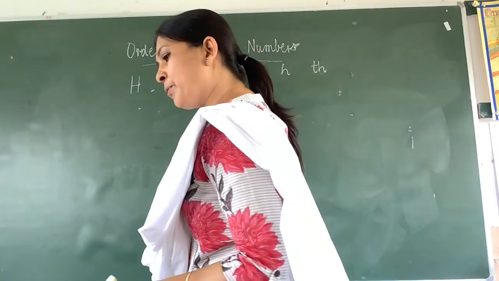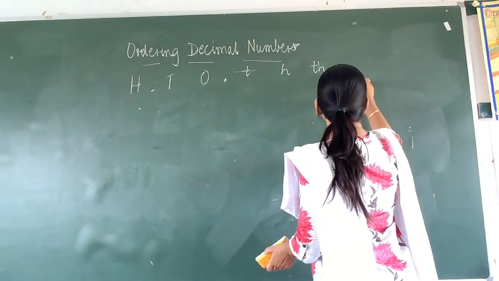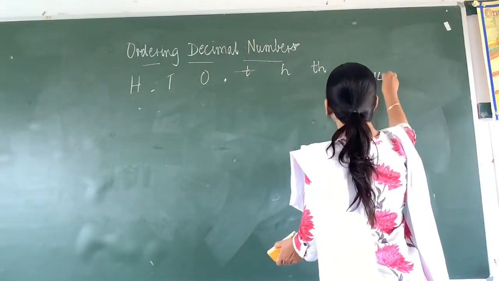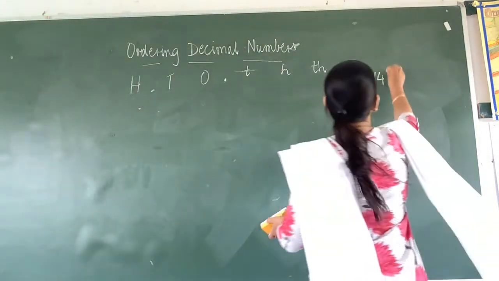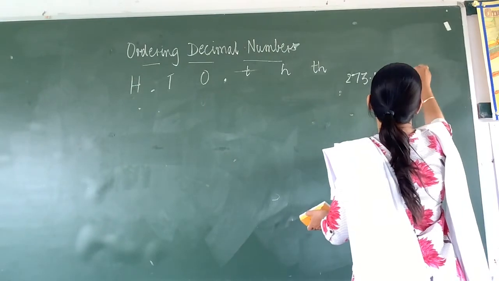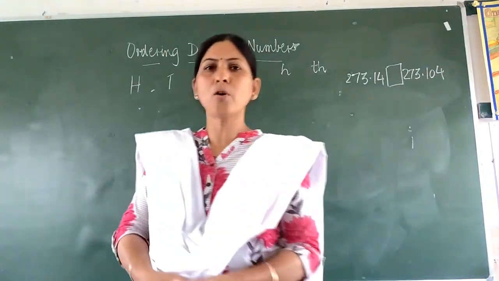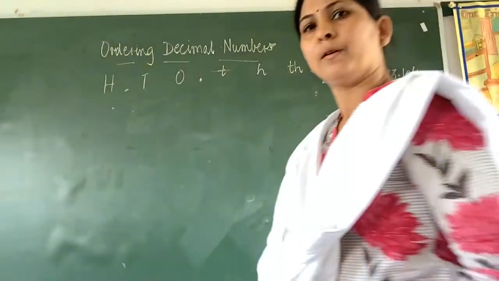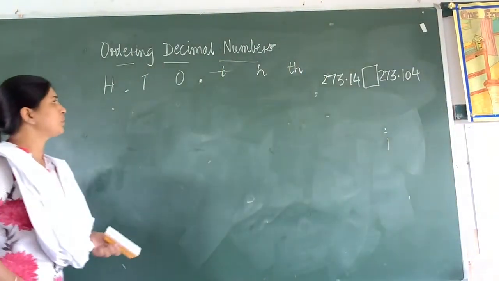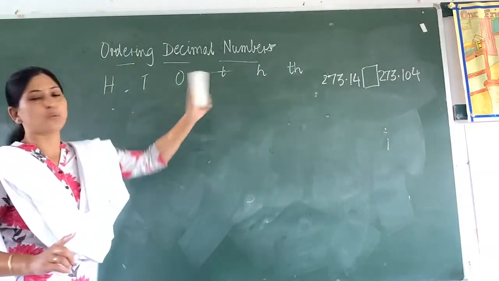Now see, we have to compare 273.14 and 273.104. Now, what do we do? First, we will write both the numbers under the place value chart.